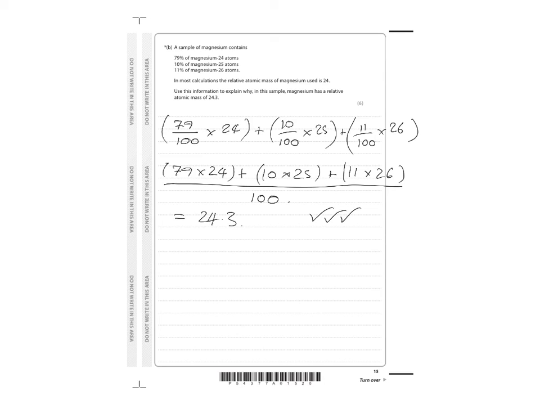Now, the other 3 marks were showing that you understood why 24.3 was the relative atomic mass and it's not 24. So you need to say the relative atomic mass takes into account the mass of isotopes and their abundance.